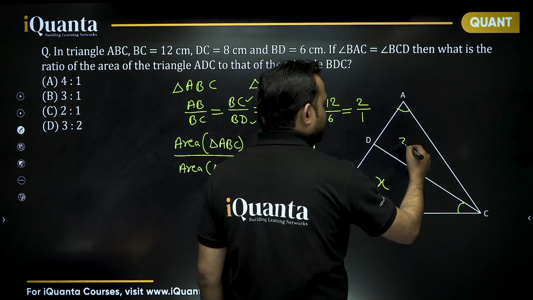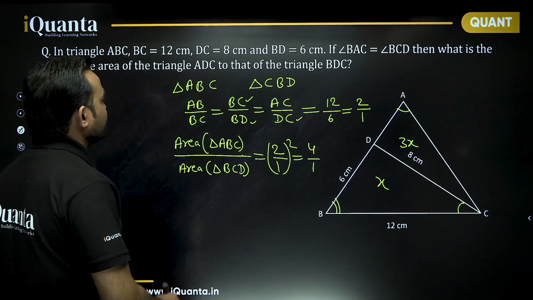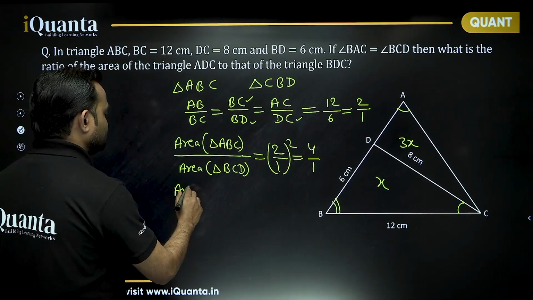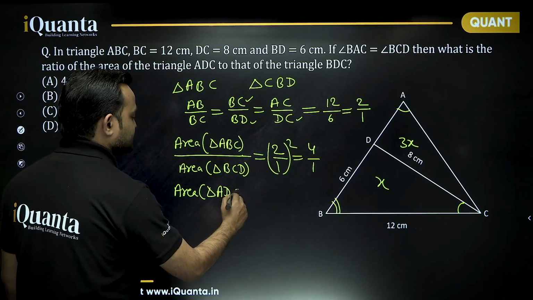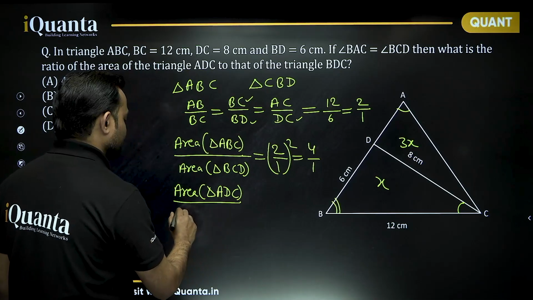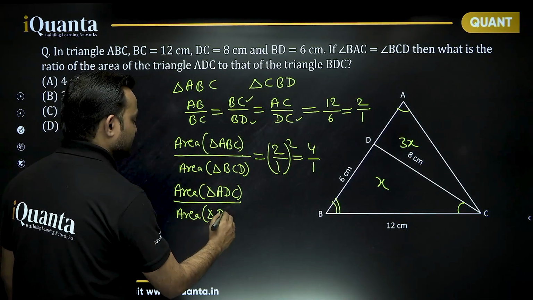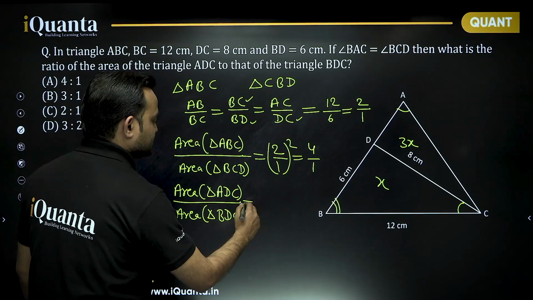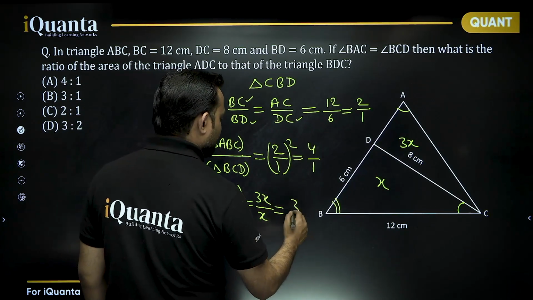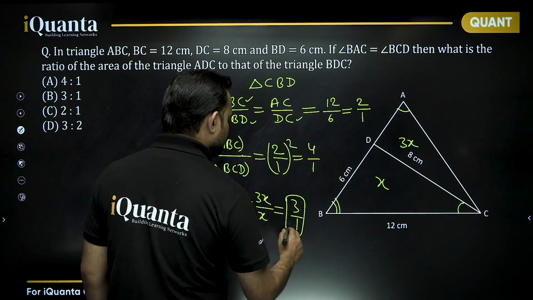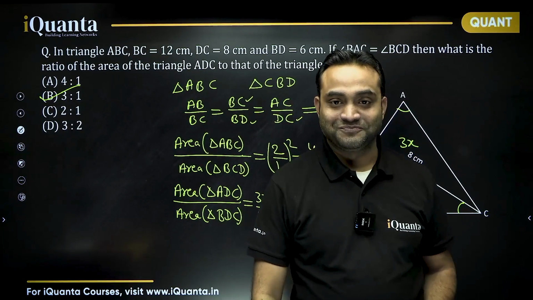That means area of triangle ACD will be 3x. So what do we need to find? We need to find area of triangle ADC divided by area of triangle BDC. So this is equal to 3x and this is equal to x. So what do we get? It's nothing but 3:1. So our answer is option B.